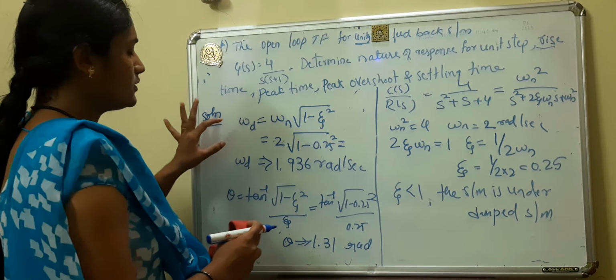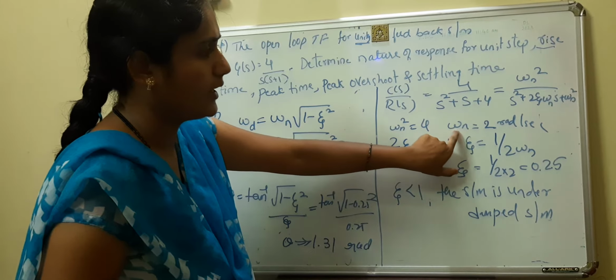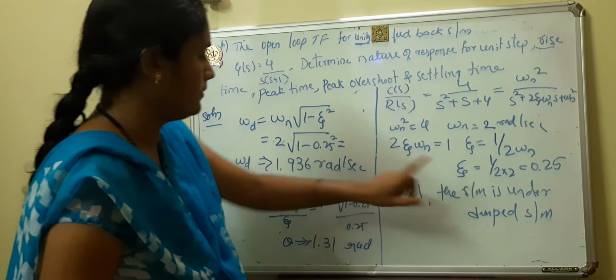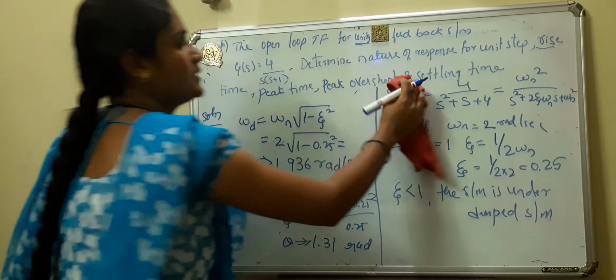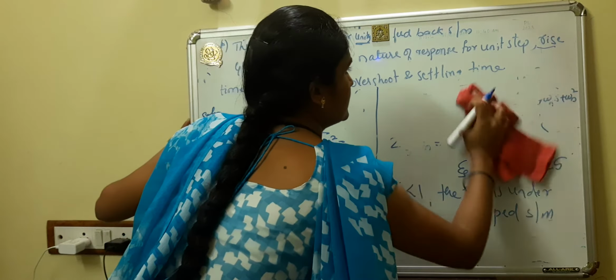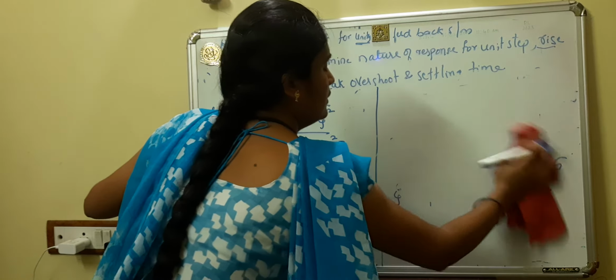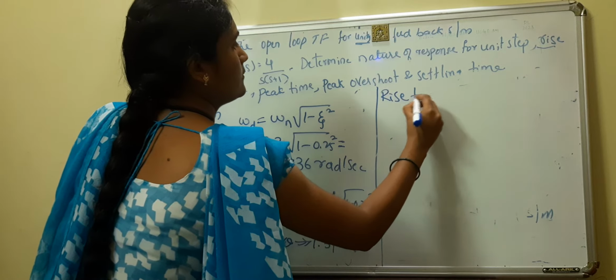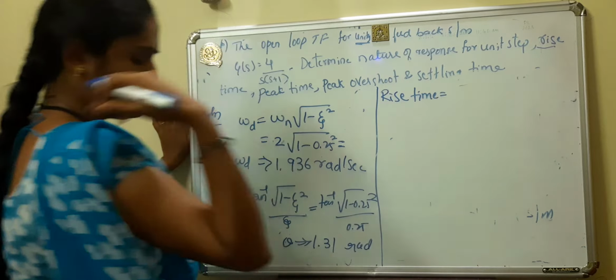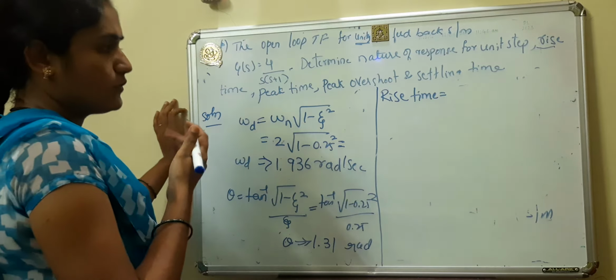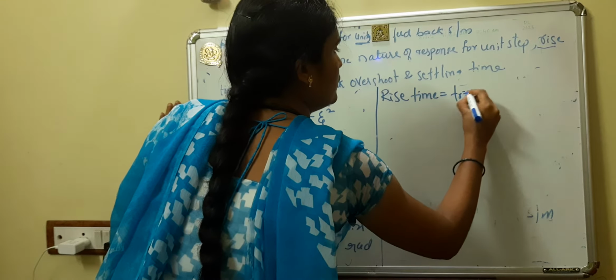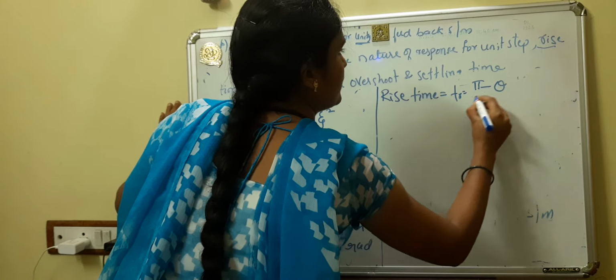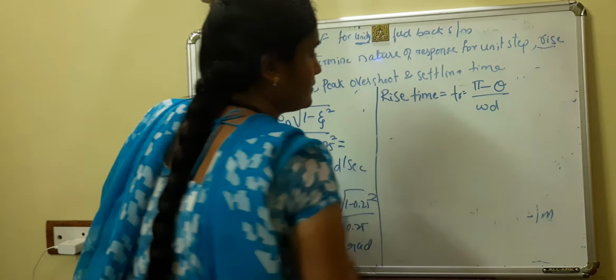Okay, after getting omega n, zeta, omega d and theta, we will see one by one. What is that? First one is rise time. What is the equation for rise time? That is Tr equal to pi minus theta divided by omega d.